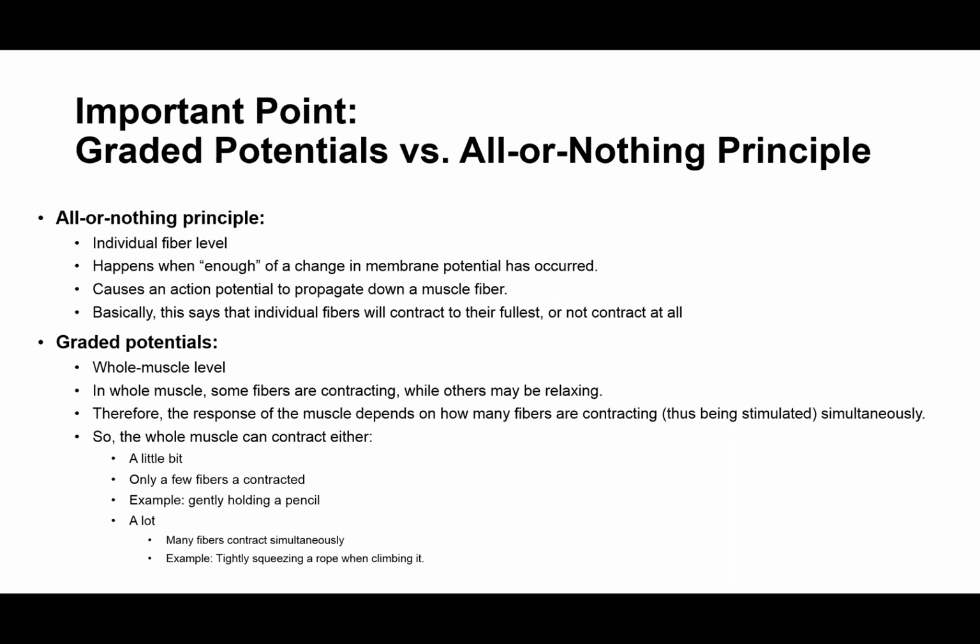So the individual fibers will either contract to their fullest, with the actin and the myosin sliding past each other, or the individual fiber will not contract at all because there's not enough voltage change in the membrane potential.